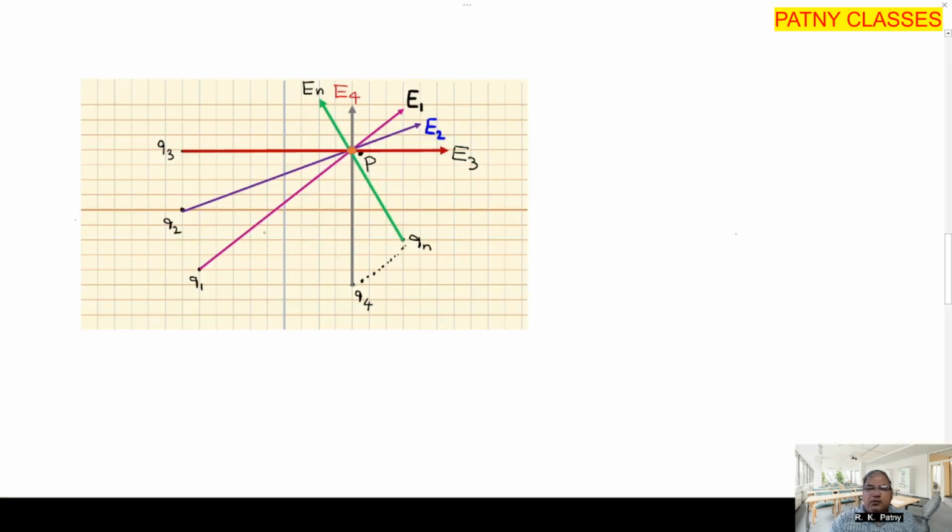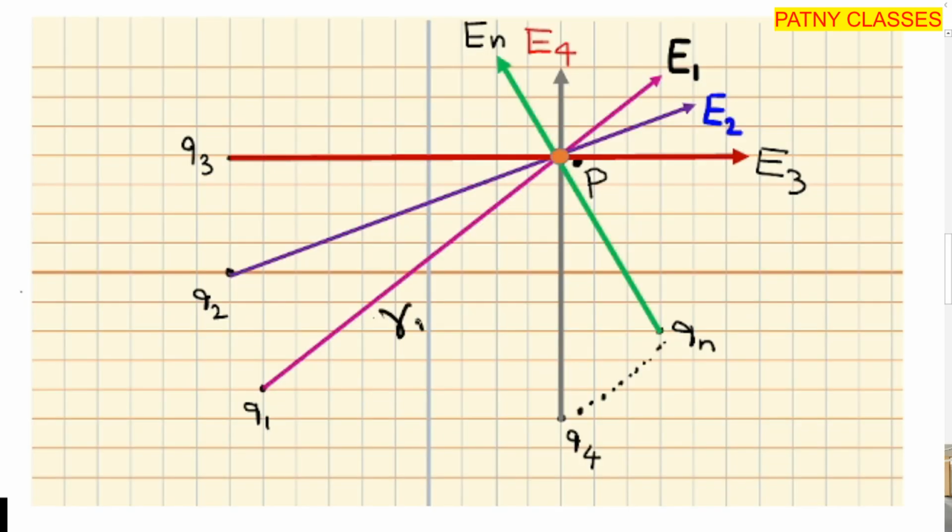Here, this is nothing but vector R1p. This is nothing but vector R2p, and this is nothing but vector R3p, and this is nothing but vector R4p, and this is nothing but vector Rnp.